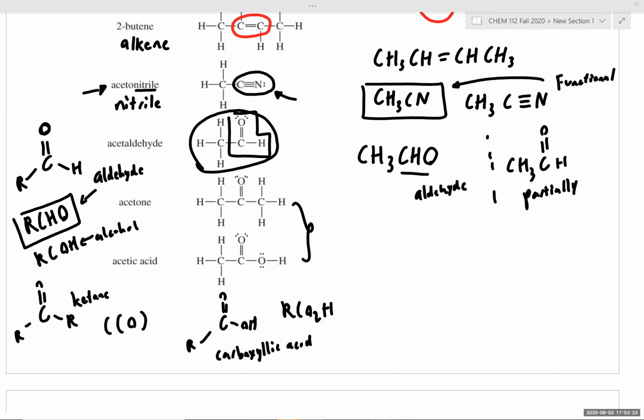And let's try to get a few more responses in the chat. And the responses I'm seeing so far look quite reasonable. If you're writing out acetone as if it's a long chain where your ketone's in the middle of the chain, you have to make sure you put the ketone oxygen in parentheses.